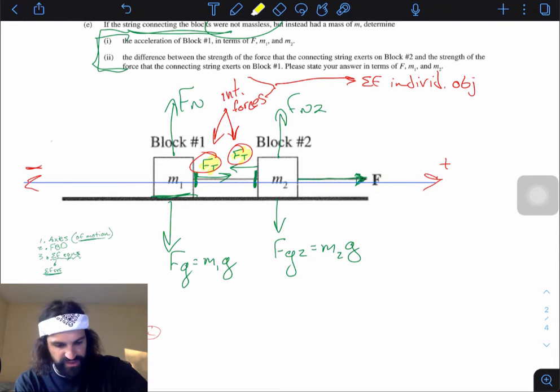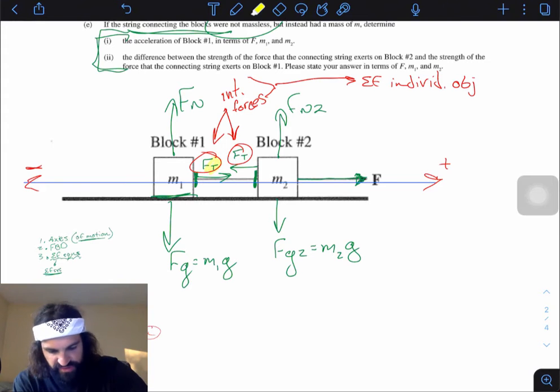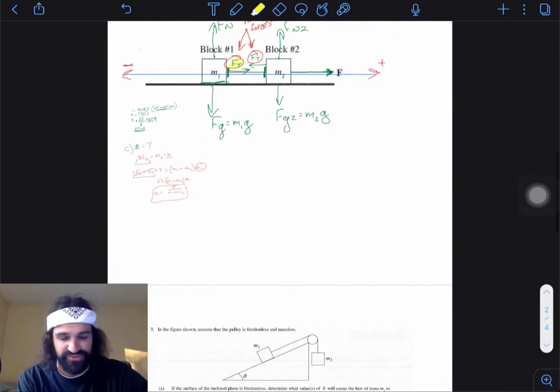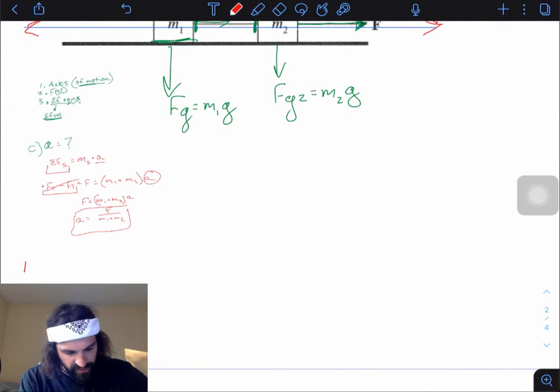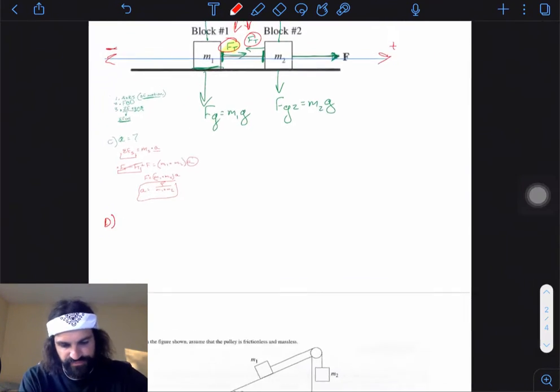If you do your math correctly, you should get the same answer with both of them. But because the first block has less forces along that axis of motion, that's the one I'm choosing. And your math will prove to be a million times easier with that. If you want to go back and double check with block 2 after I do this, please feel free. I think it's more algebra than you get content knowledge out of, but that's up to you.